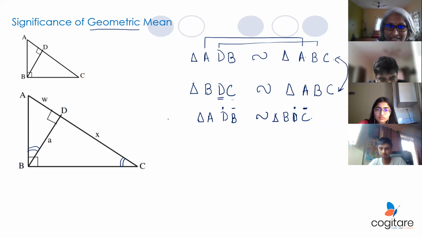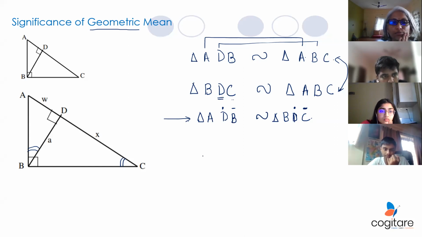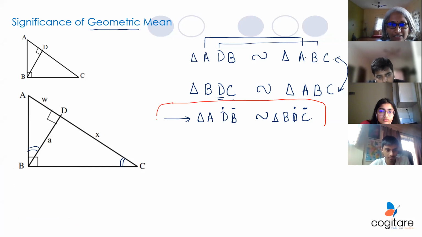Now, look at the last statement and apply the outcome of similarity, which is the sides are in proportion. Can you tell me what happens? Which sides are in proportion? I'll mark in red for this pair. These two triangles, the fact that they are similar, tell me the outcome of the sides.